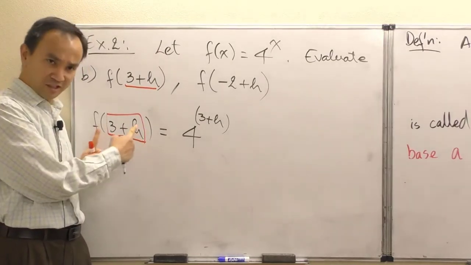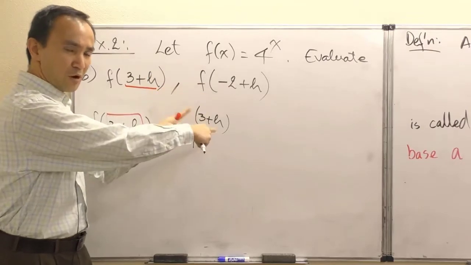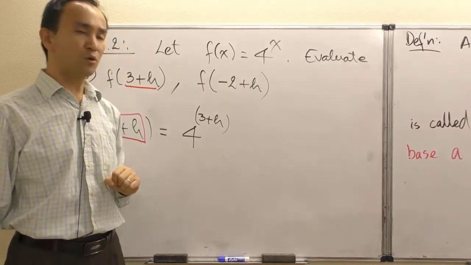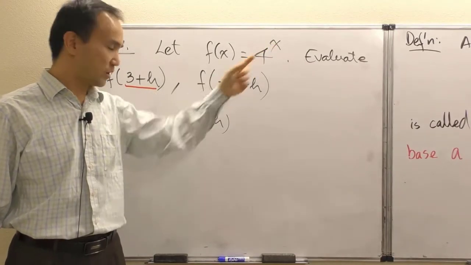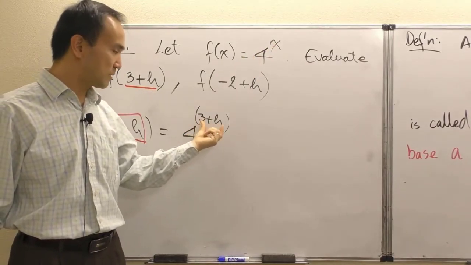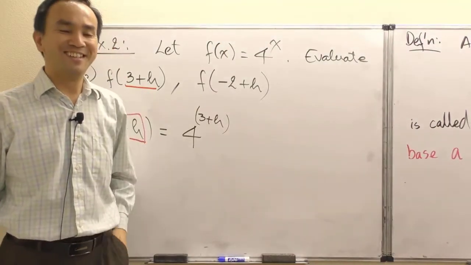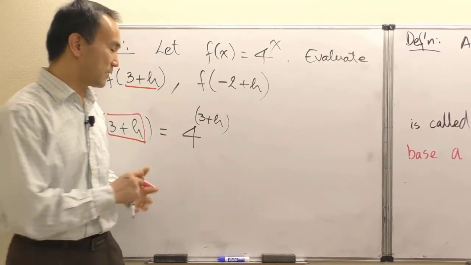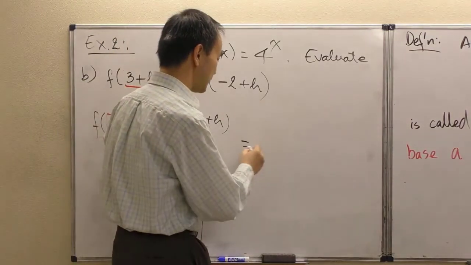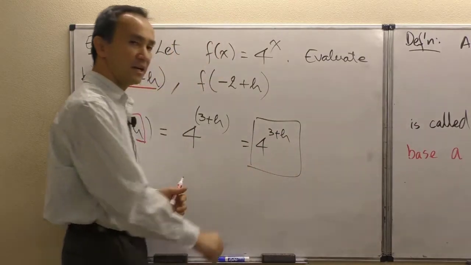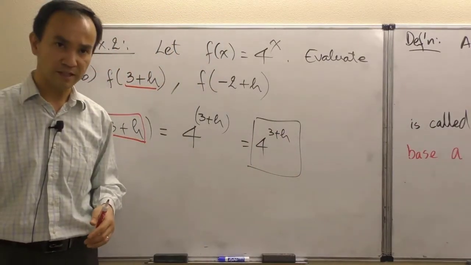Then all you do is take that expression, throw that right into the place of your input variable x. So instead of x, as usual, now it's 4 raised to 3 plus h. The whole 3 plus h is in the superscript position. All right, so 4 to the 3 plus h. And you're not even asked to simplify or anything like that. So this is about the ending of our problem right there as an expression.